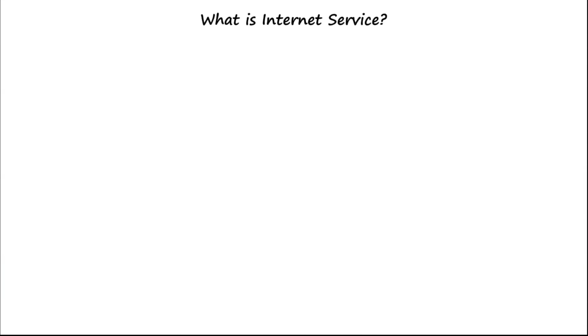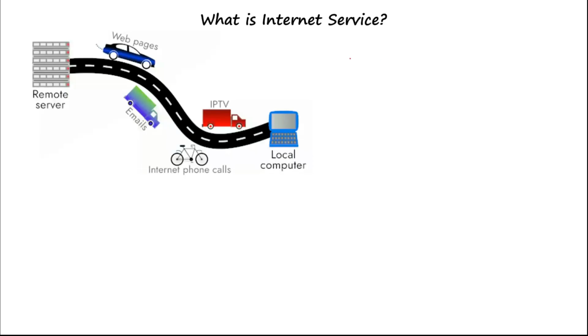These are internet services. Remember: emails, web pages, internet phone calls, IPTV. These are the methods or ways that provide you information from a remote server to your local computer.